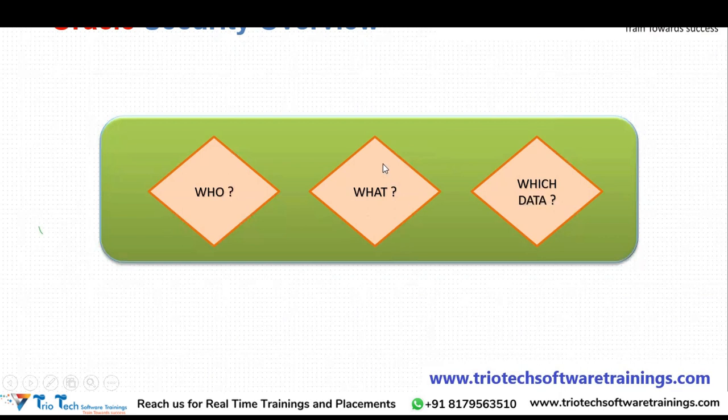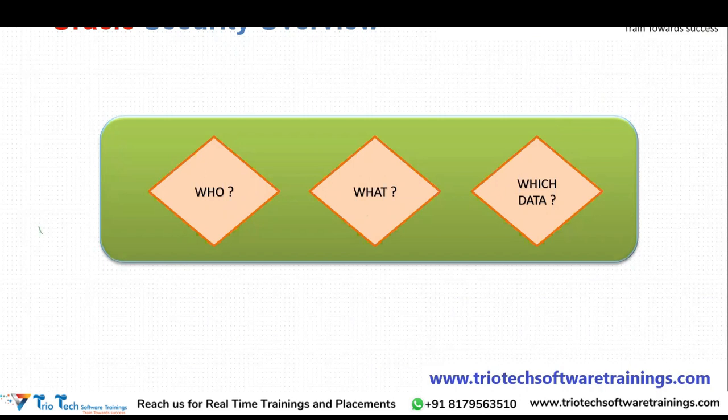Then what is the access that needs to be provided? What does access mean? The functions. What all functional access needs to be provided? Having access to the payable application and the functions under it would come as part of what? The question of what: what are the functions, or what all functional access needs to be provided?